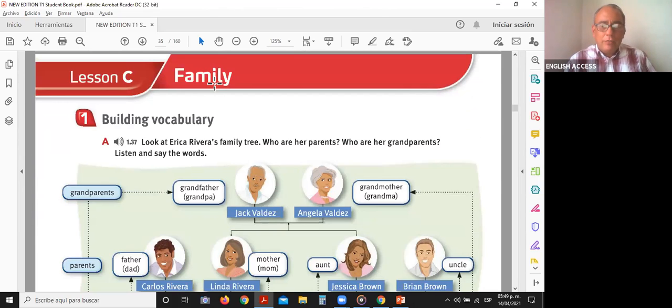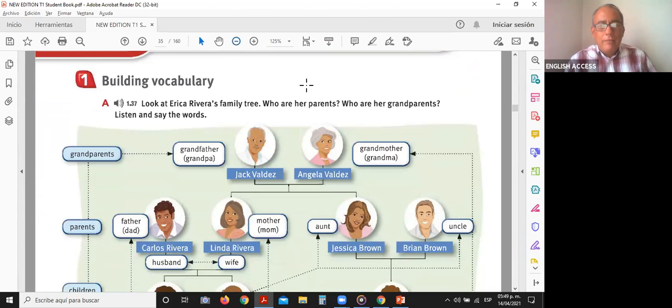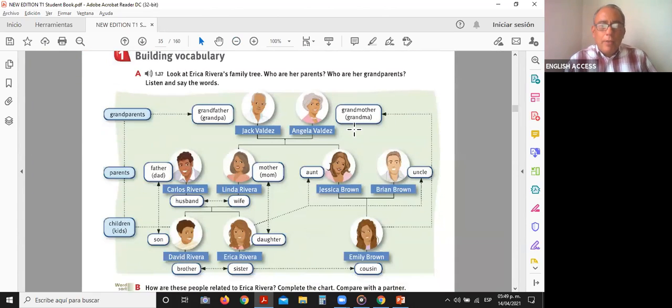In this part of the lesson, we are going to learn vocabulary about family. I believe that you know some words, but we are going to learn some new ones, okay? Let me play the track so you can hear the vocabulary for this lesson. Page 26. We are talking about Erika Rivera's family tree.